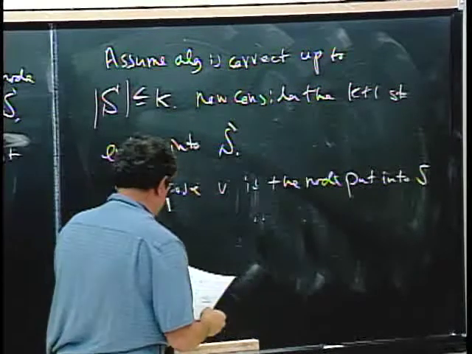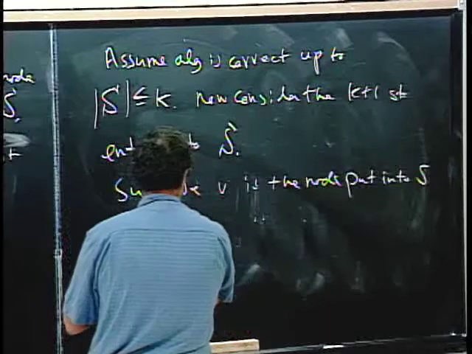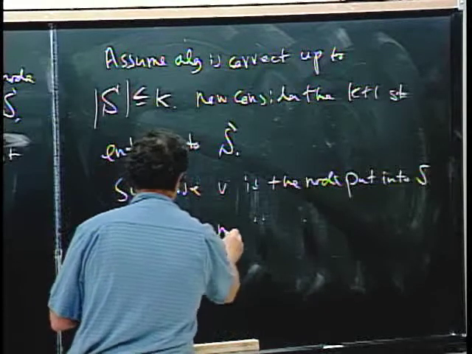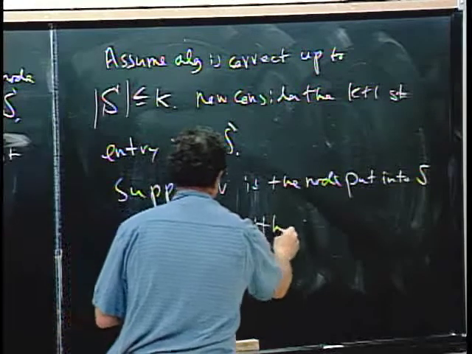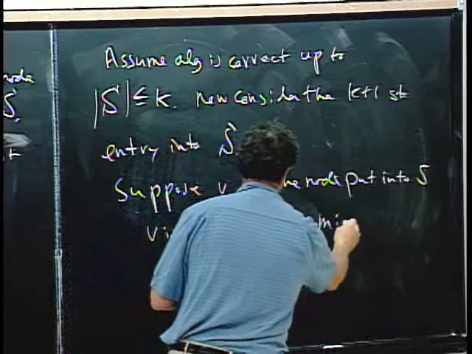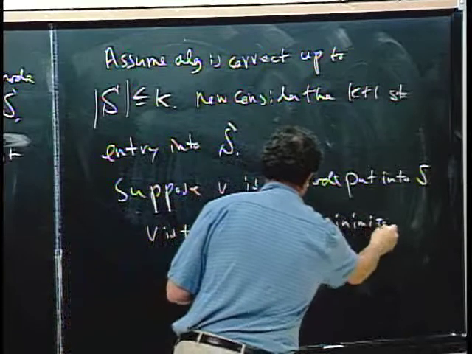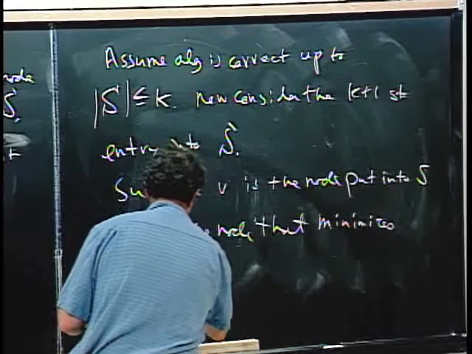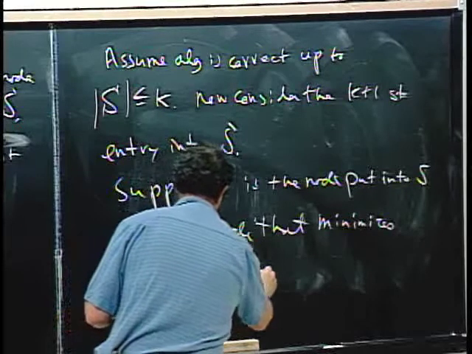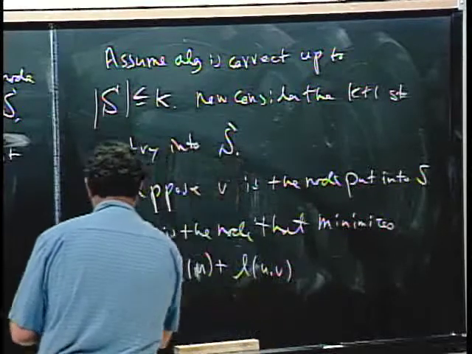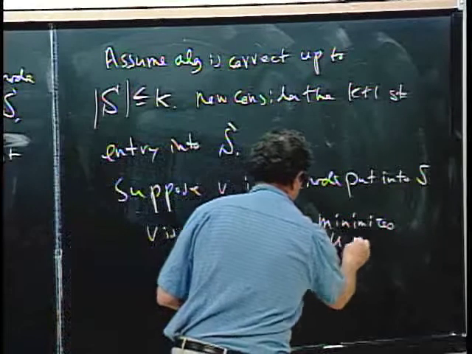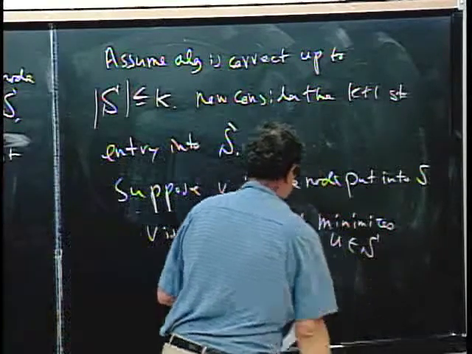We know that V is the node that minimizes du plus LUV, for U contained in capital S. Okay?